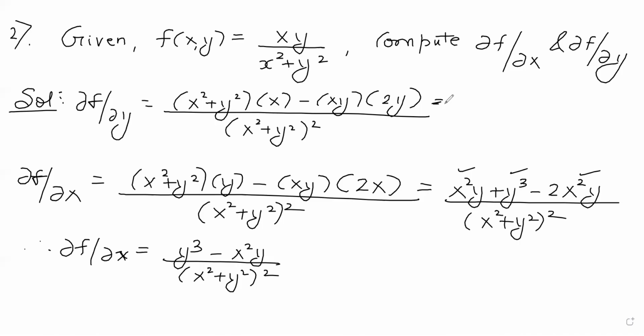And if you work it out, you can check it comes out as x cube minus x y square. After doing some algebra, it comes out as this upon denominator ka square. Okay, so this is our del f by del x and del f by del y. Hoping students have understood these two practice questions where we have learned how to partially differentiate the function with respect to the variables x and y.